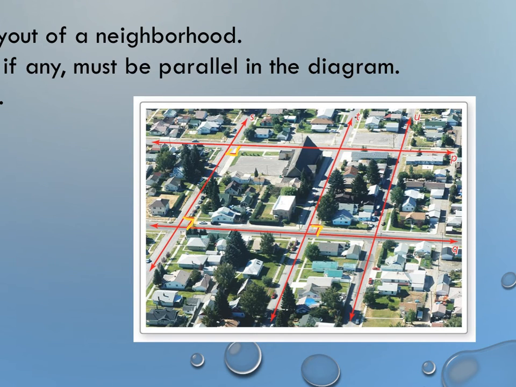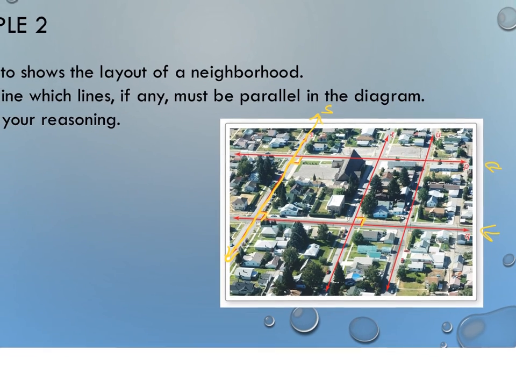So if you notice that lines P and Q, which are here and here, are both perpendicular to line S, which is here, I can use the lines perpendicular to a transversal theorem to show that P and Q are parallel. Let me write this in words.